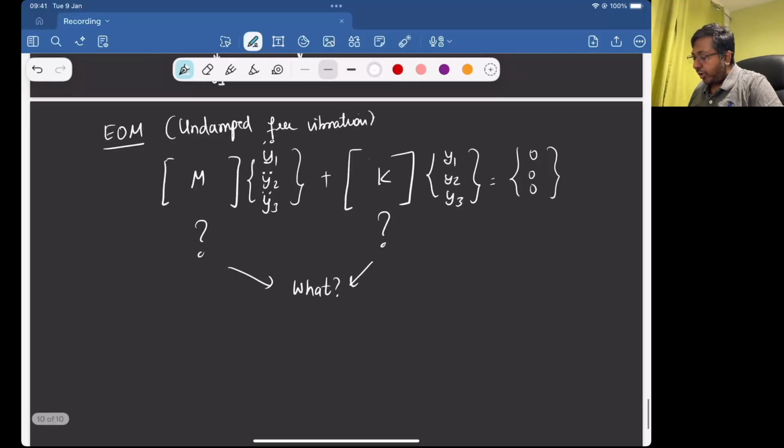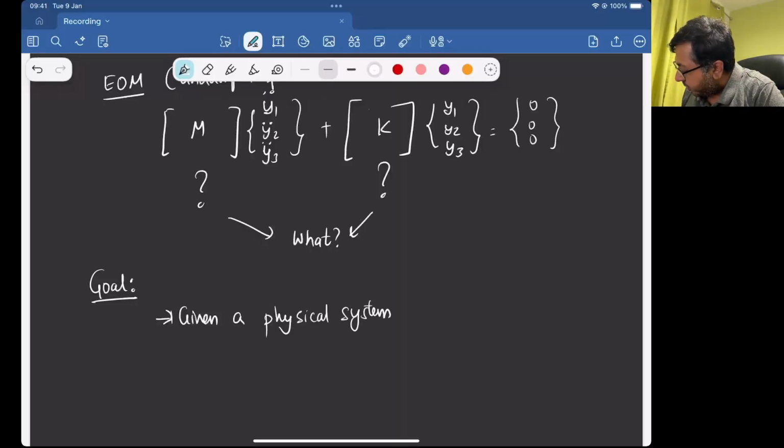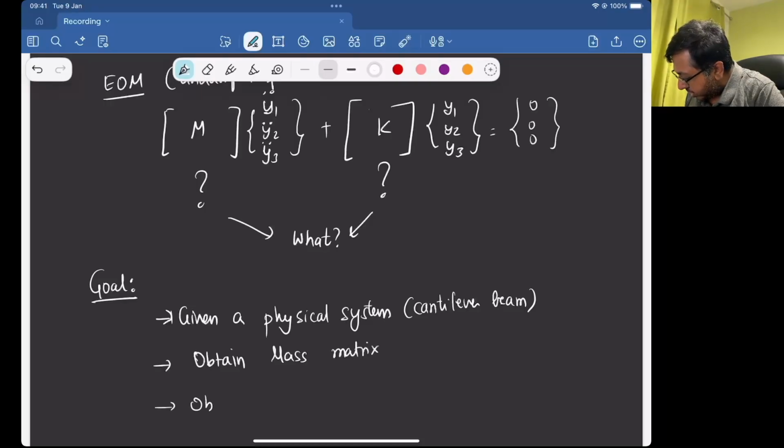Okay, so our goal for the day: given a physical system, here a cantilever beam, determine how to obtain the mass matrix and also obtain the stiffness matrix.